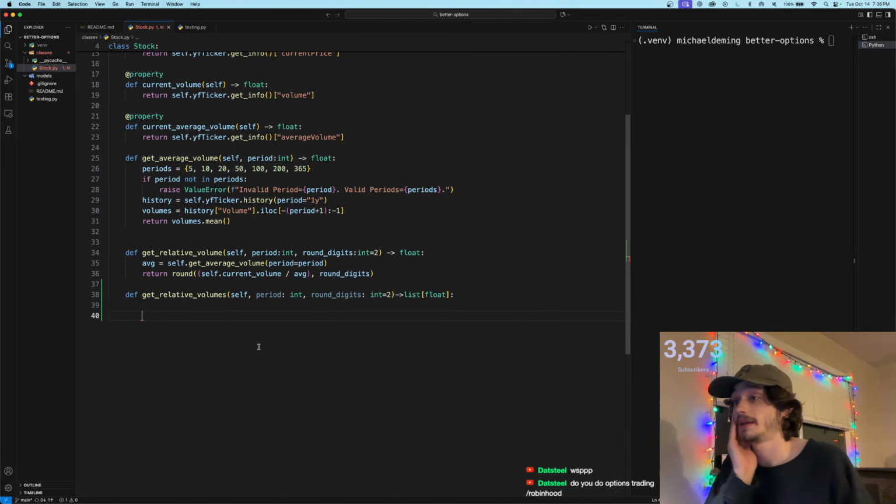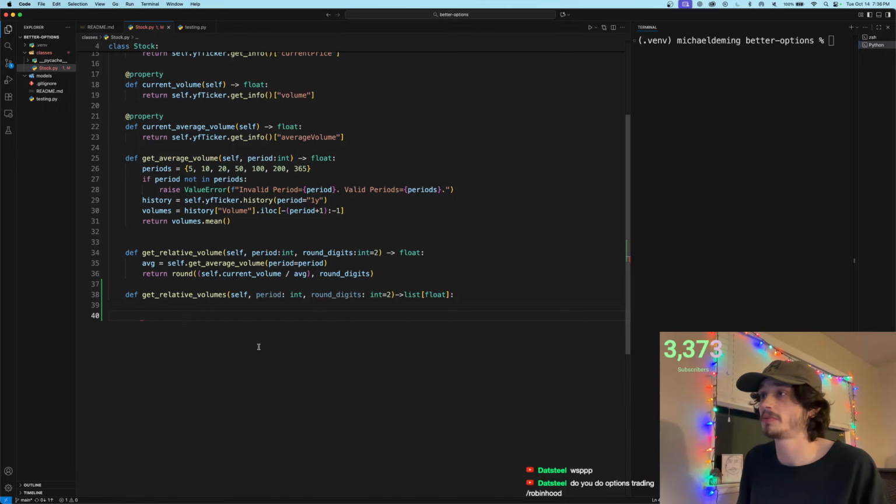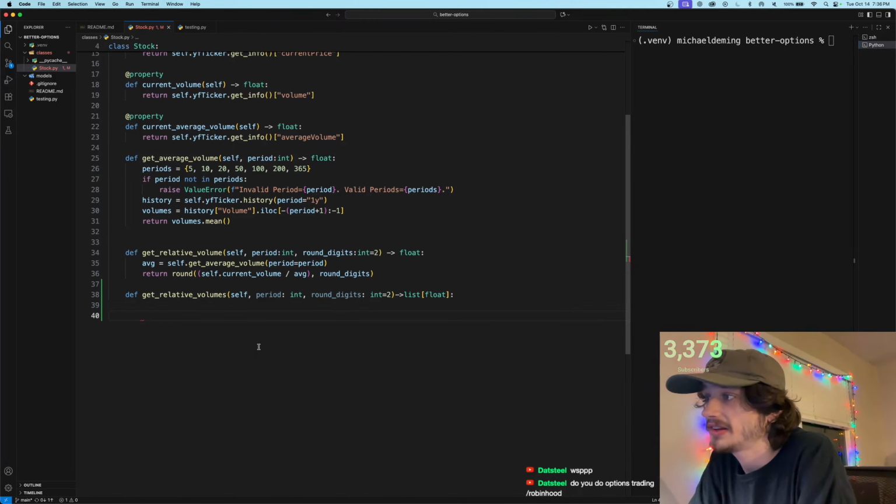we want to get the relative volumes for the given period. So it's going to be similar to the get average volumes in the sense where you have periods that you can select from.